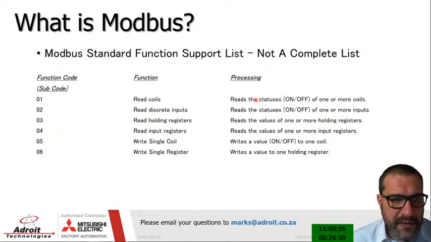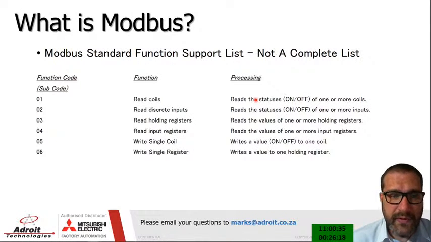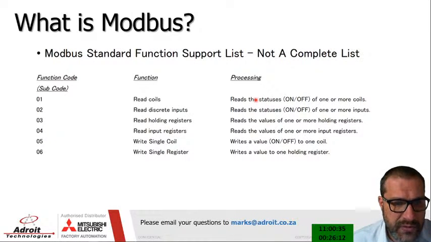If you see a subcode of 01, you know that you're reading a coil, and a coil is obviously an on-off statement. You can turn a coil on or off from your own side. These coil addresses normally start with 5 zeros and a 1, or 5 zeros and a 2, and so forth, and you can read and write these coils.